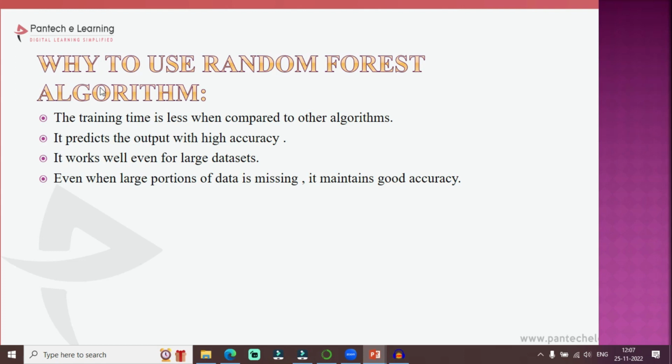Whenever I consider any type of algorithm, I should consider its complexity: whether it is more complex or less complex, and what mathematical formulas are used in this algorithm, so mathematically whether it is a complex one or a less complex one.